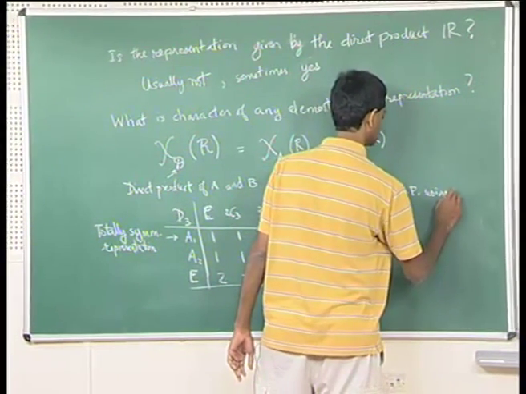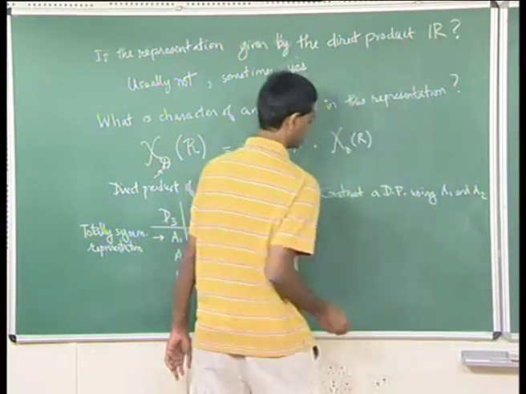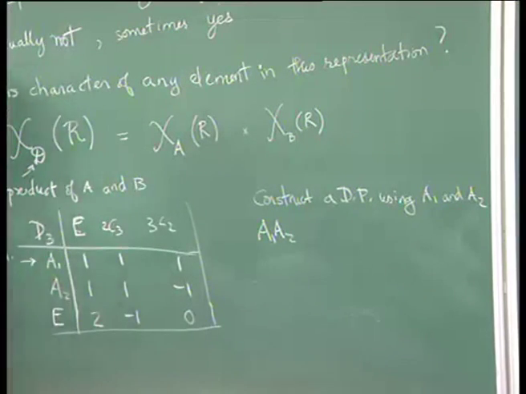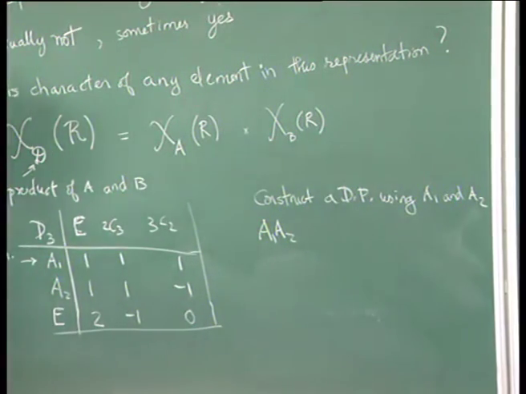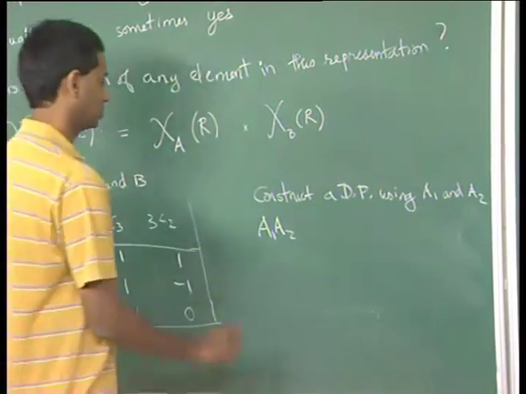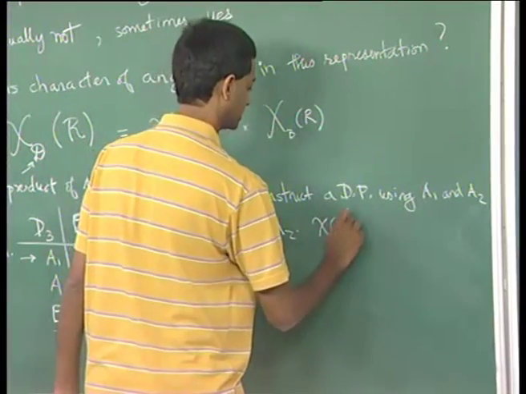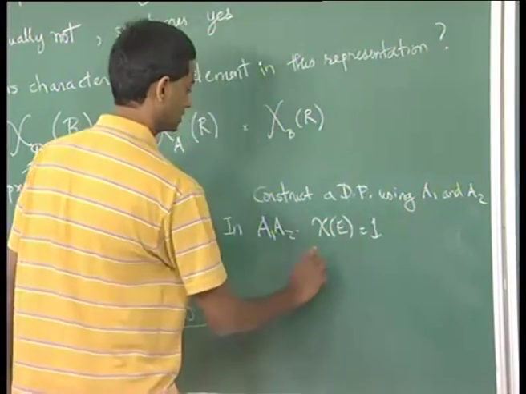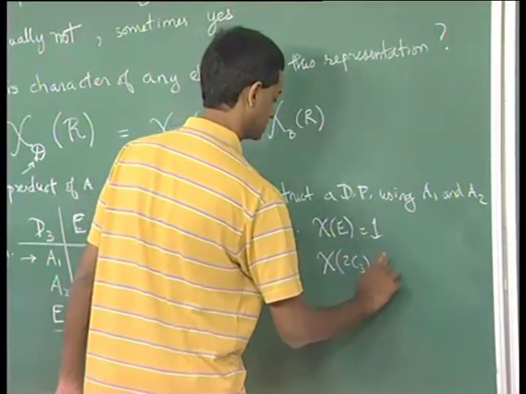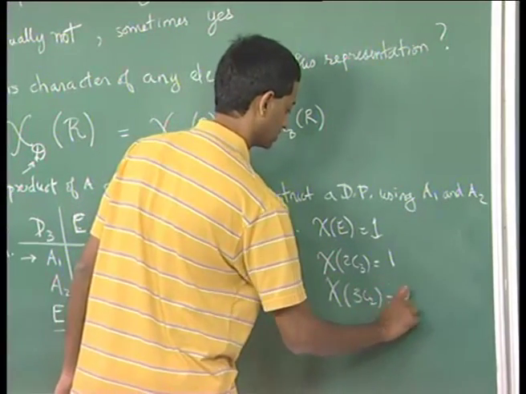Now suppose you construct a direct product using A1 and A2. You can construct a direct product representation A1 A2. Then you can see the trace of the various characters. In A1 A2, chi of identity is equal to 1, chi of 2C3 is equal to 1, chi of 3C2 is equal to minus 1.